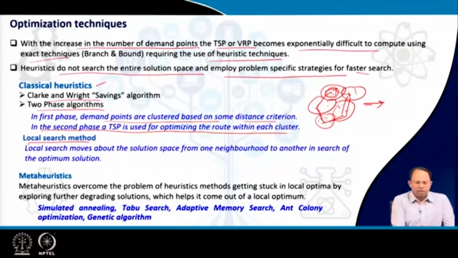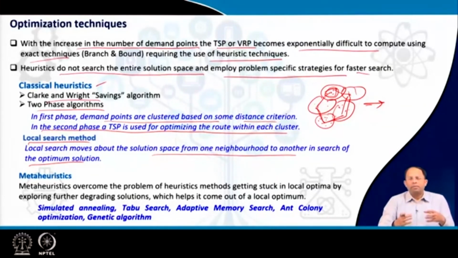Then the local search method. Local search moves about the solution space from one neighborhood to another in search of the optimum solution. The problem with local search is that in a particular distribution, sometimes some values are high, some values are low. But if I keep on focusing on a local area, I may get stuck there and may not find a higher value in some other zone of the solution, right?